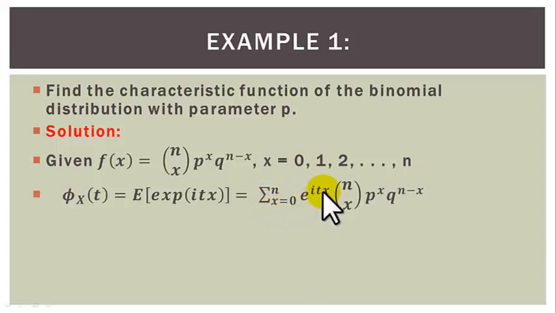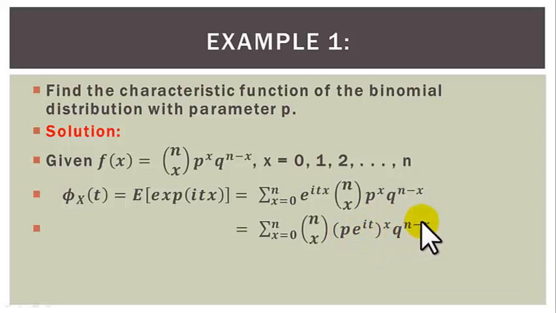Multiplying exponent itx and p to power x, we have this: sum of n combination x, p times exponent it all raised to power x, times q to power n minus x, where x goes from 0 to n.